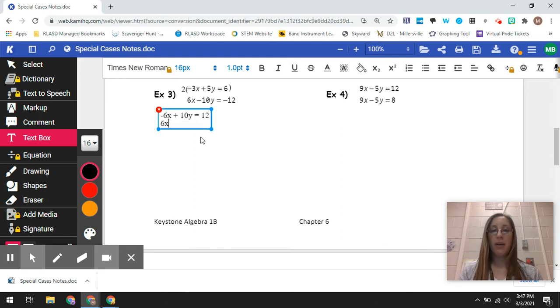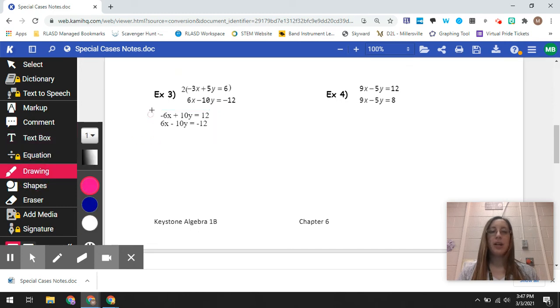Remember, you want to multiply the whole entire equation, not just the x values. Okay, so now I have both of my 6x's. They're going to cancel out. And then we'll have these cancel out as well.